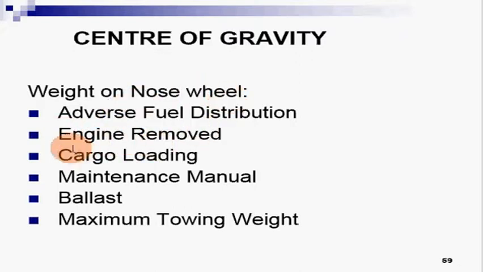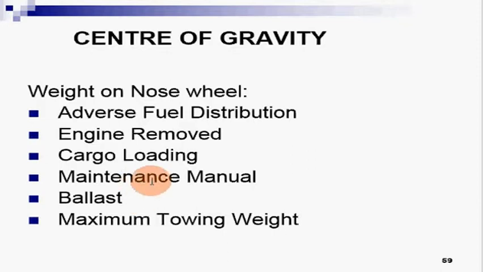Weight on nose wheel. The thing which should be in your mind is where the CG of the aircraft is. If there is adverse fuel distribution, if an engine is removed, cargo is loaded, or ballasts are there, along with the maximum towing weight in the maintenance manual, you need to have all these things in your mind and know where the CG of the aircraft lies.